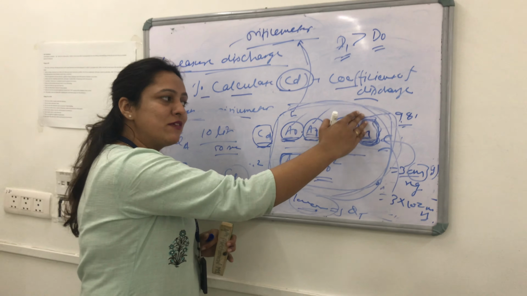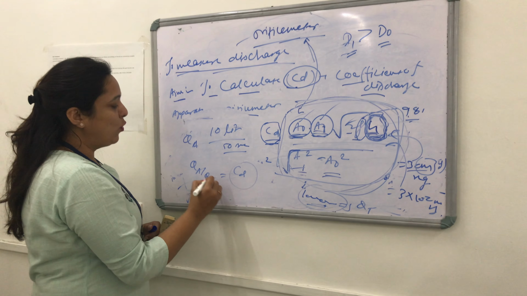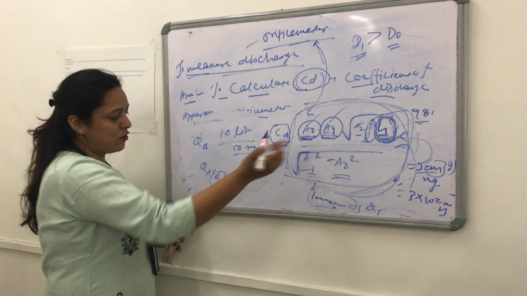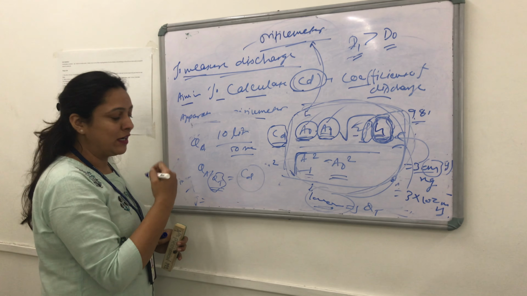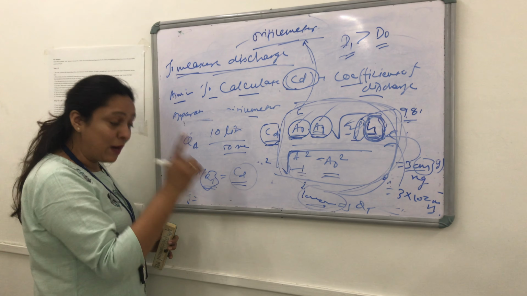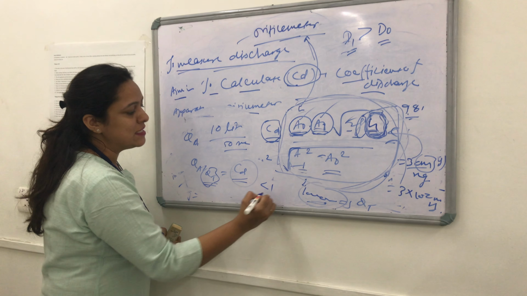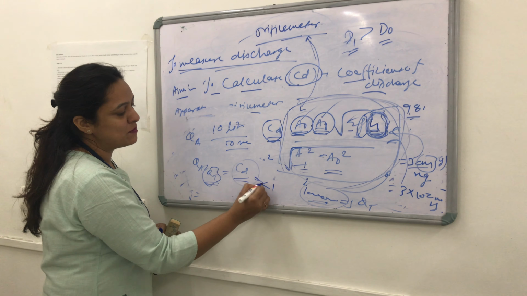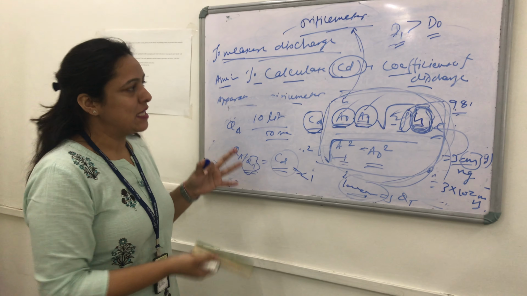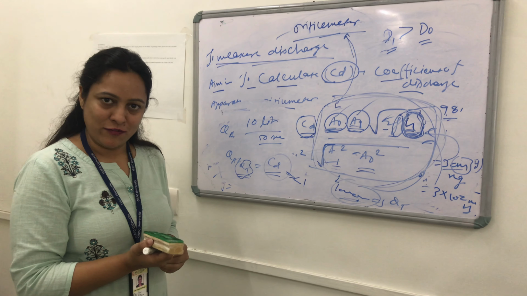Based on these varying values of H, the value of QT will be varying. So based on these different values of H, we would be able to obtain different QT, and this different ratio will be giving us different values of CD, but this should not exceed 1, meaning CD should always be less than 1. So this is how you can calculate the different values, and this is all about the calculation of the orifice meter. Thank you all.